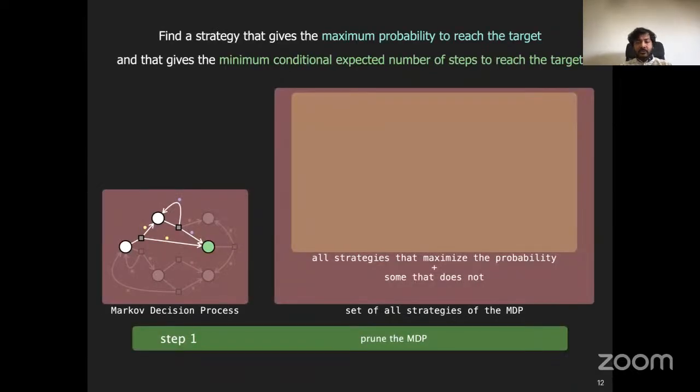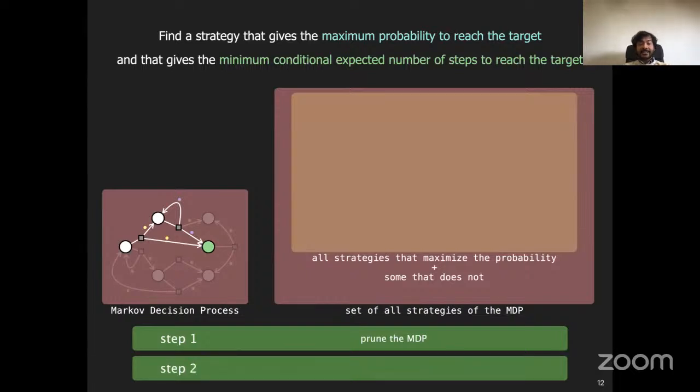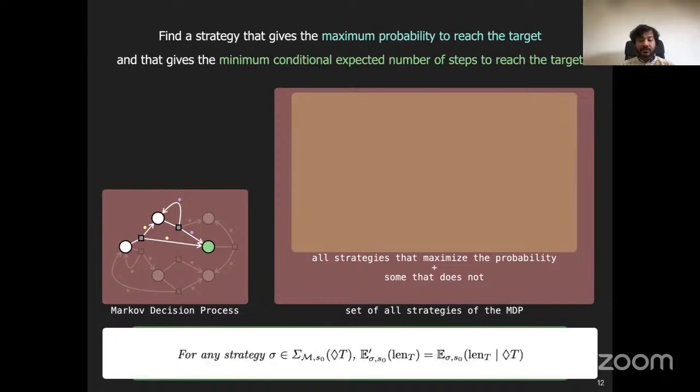Now that that is done, what is our second step? The second step is just to find strategies that minimize the expected number of steps to the target. And here I cross out this conditional because you don't need to consider the conditional expected number in the pruned MDP anymore, thanks to this result, which essentially says that in the pruned MDP, the expected number of steps to reach the target is actually the conditional expected number of steps to reach the target in the original MDP.